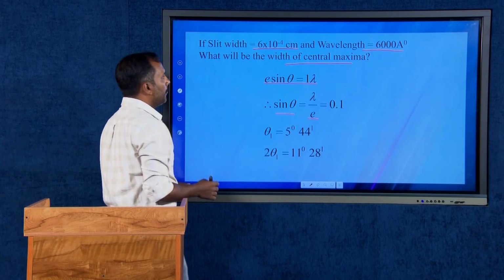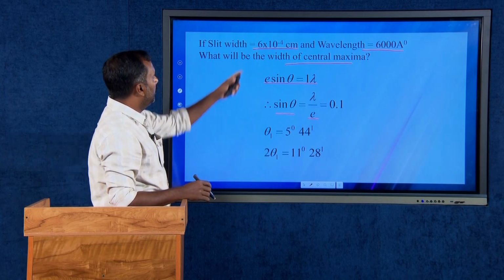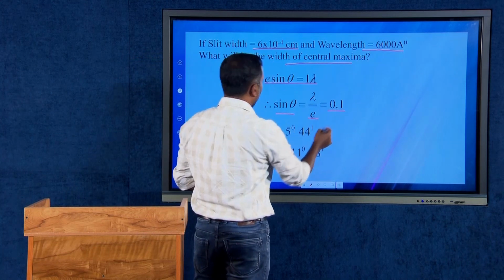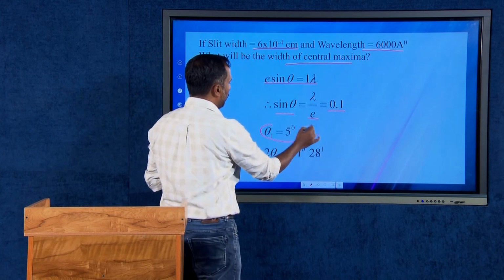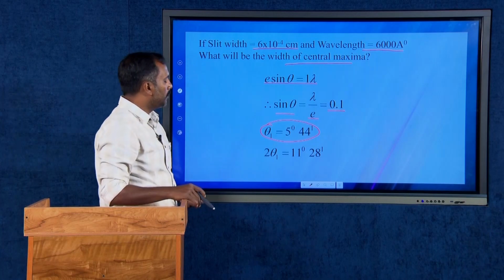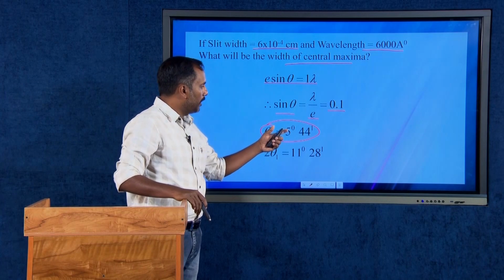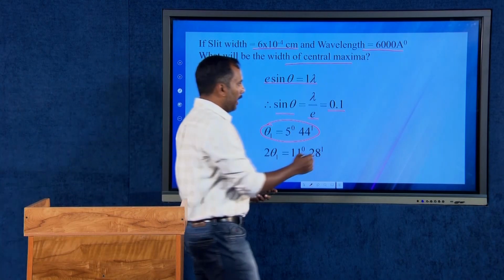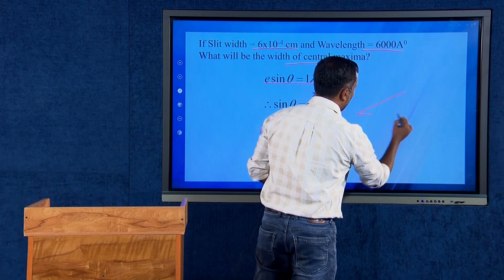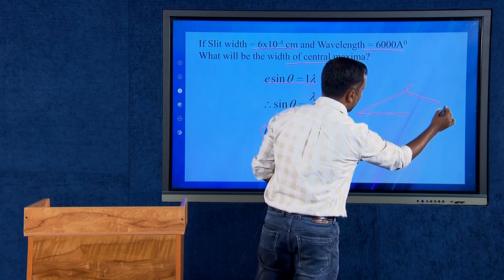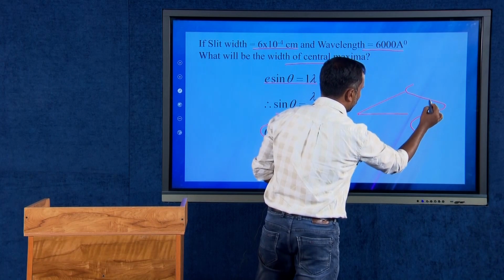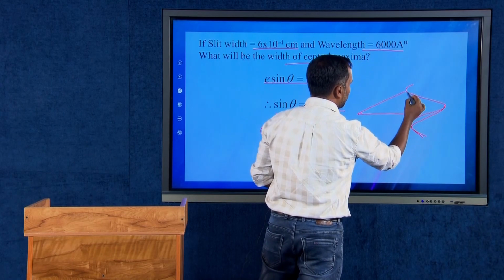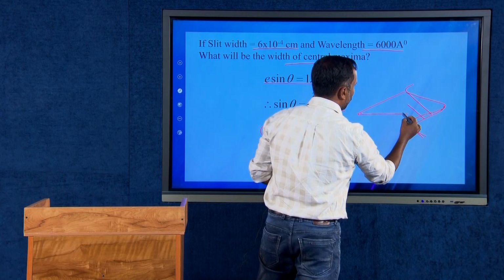So, if we substitute the wavelength and the width of the slit, we will be getting the value 0.1, and correspondingly we will be getting the theta value as 5 degree 44 minutes. Now, we will be having the theta on one side. So, this is how the formation of the central maxima, here this is the central maxima region.